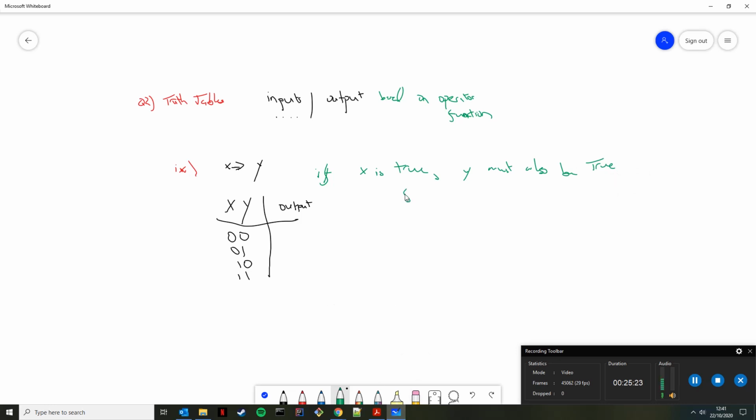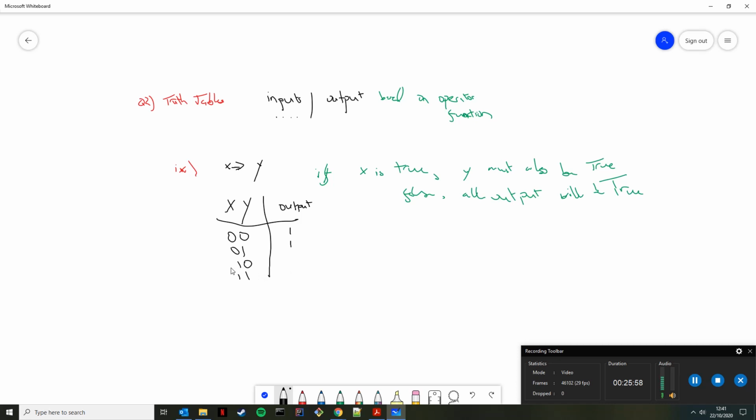If it's false, then all output will be true, because essentially you can prove anything with a false hypothesis. So X is 0, Y is 0. When X is false, we already said, all output will be true. X is 0, so again we're going to get true.